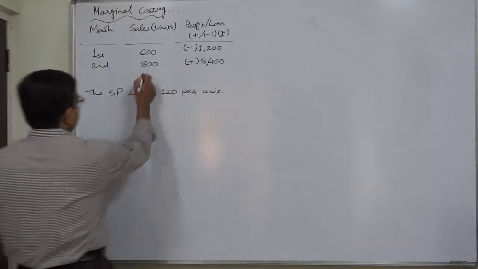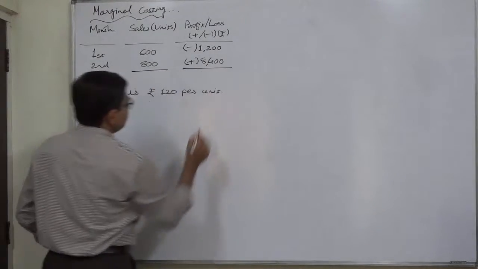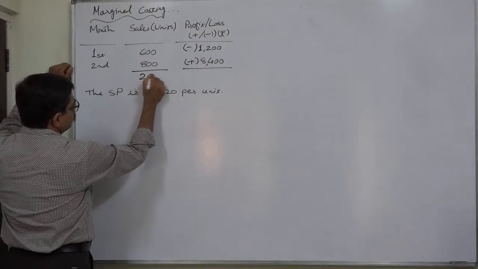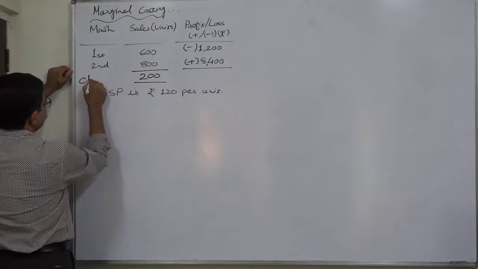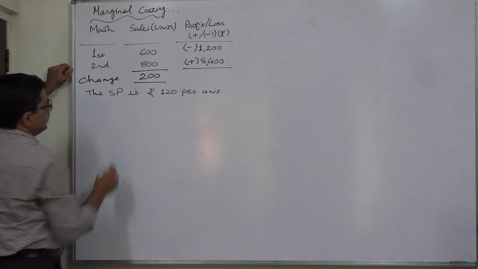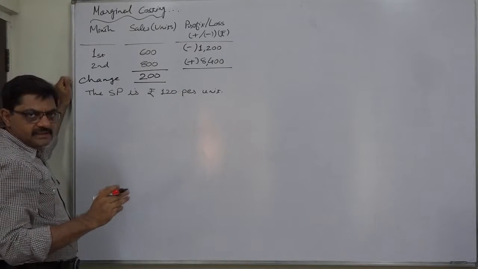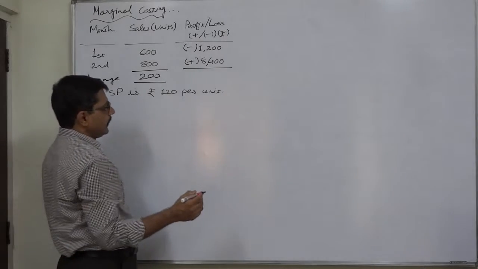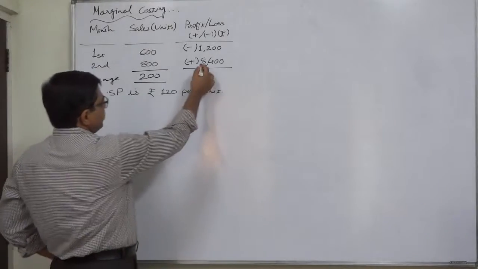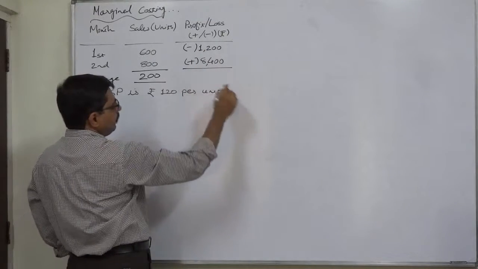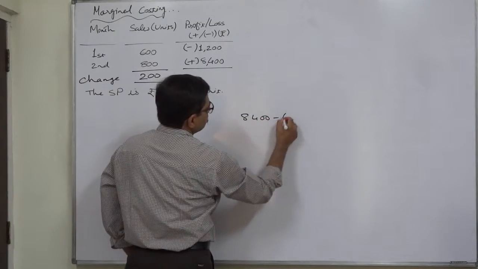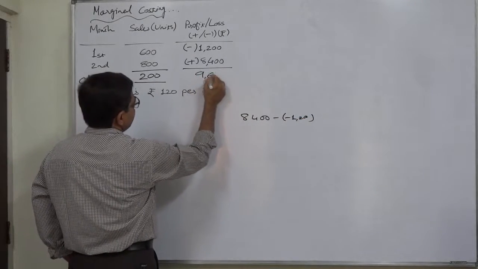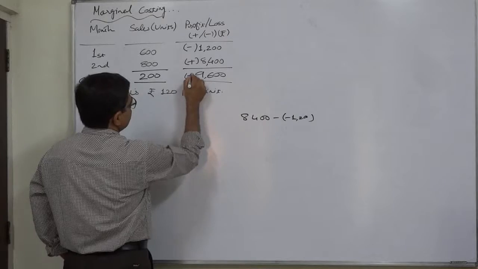So let us first find out the change. Change means higher minus lower. 800 minus 600. So in 1 month there is a change of 200 units in sales, or more precisely the sales has increased by 200 units in the second month. Higher minus lower, 8400 minus 1200, that means change in profit is 9600.